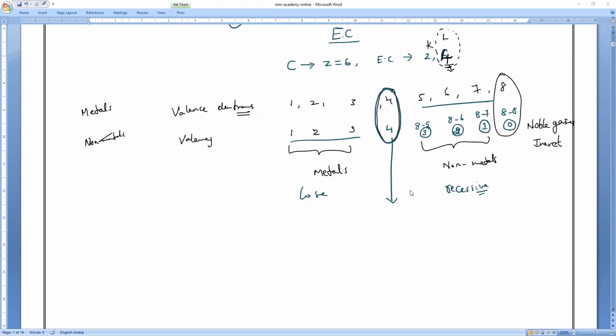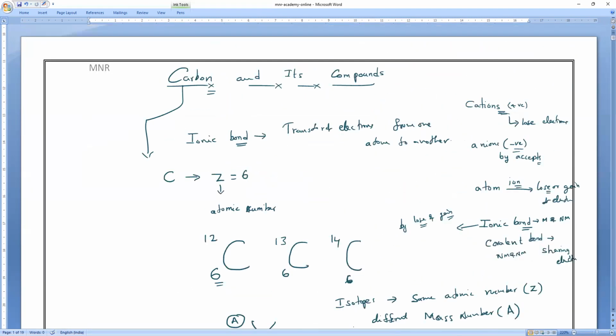They will share the electrons. That is why the compounds formed by sharing of electrons, we call them what bond? Covalent bond. And those compounds we call covalent compounds.